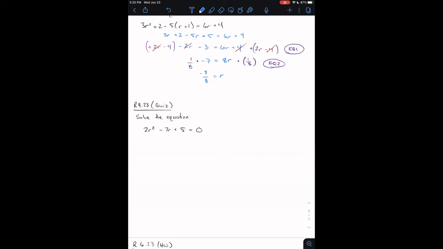Okay, so first we're going to try to factor this, right? So I want to factor what's on the left side. This is how I usually start this out. I know I have an r here and an r here, and because it's 2r squared, I know one of them has a 2 on it. Now I just need to figure out what's going to be on the right-hand side.